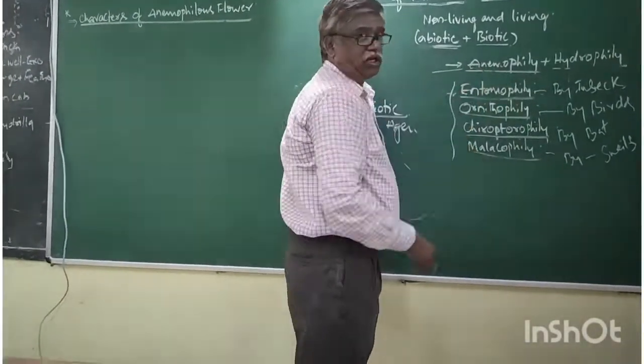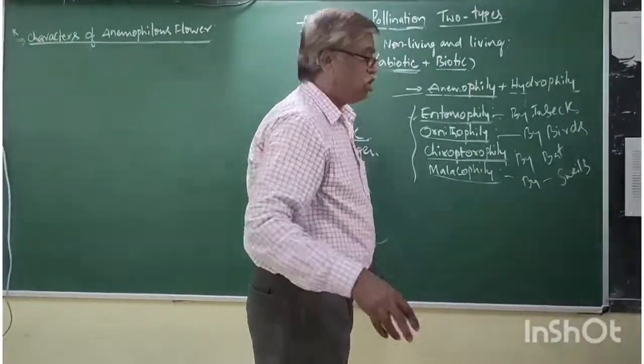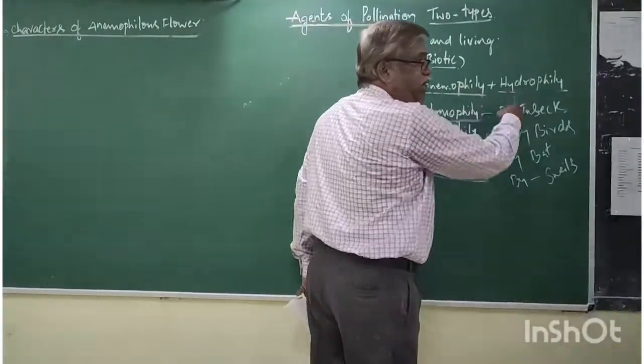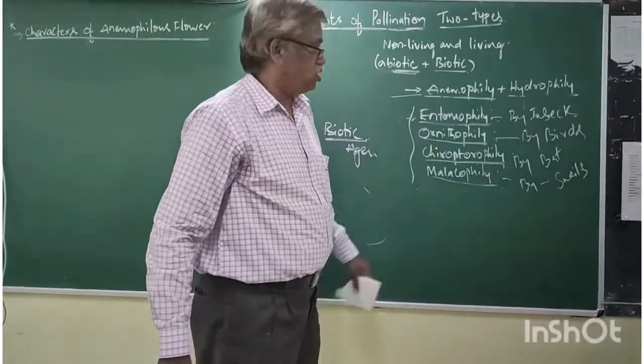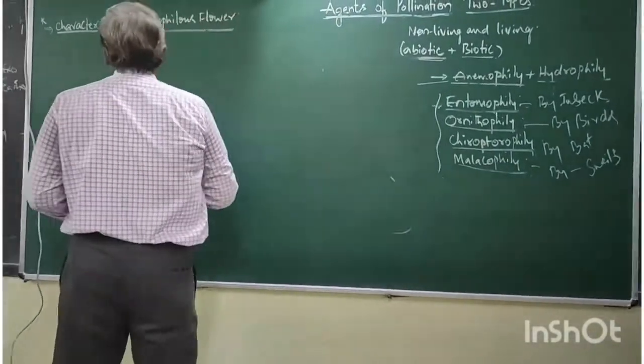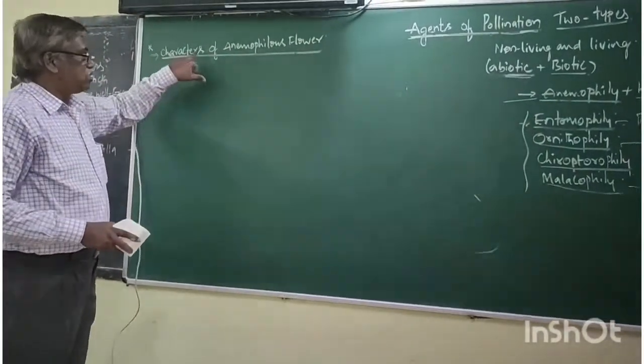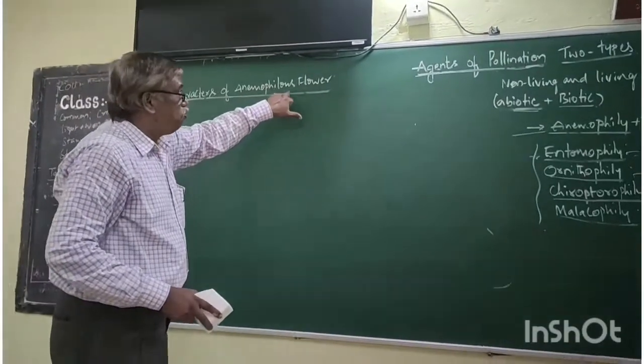Right. What is anemophily? If the pollination is by wind, it is called anemophily. If the pollination is by water, it is called hydrophily. Now come to the characters. Now, just listen. Characters of anemophilous flower.